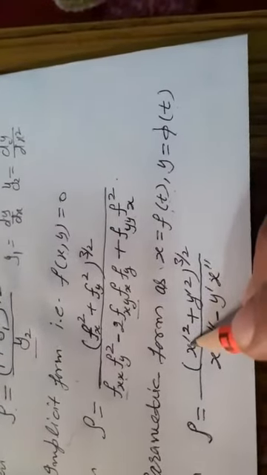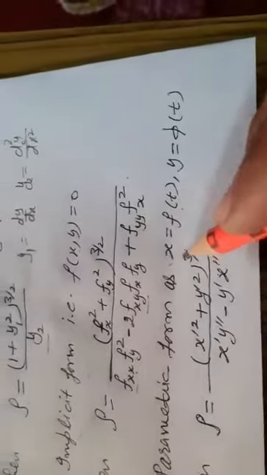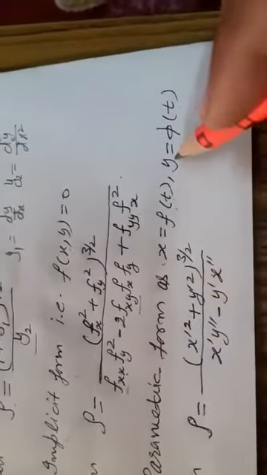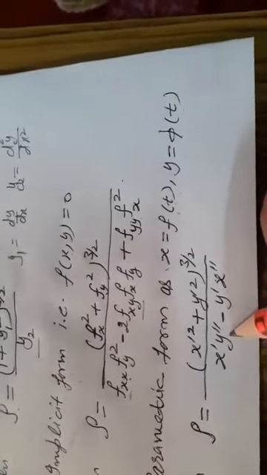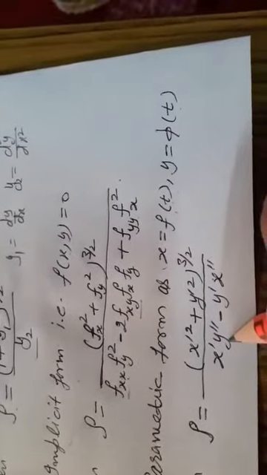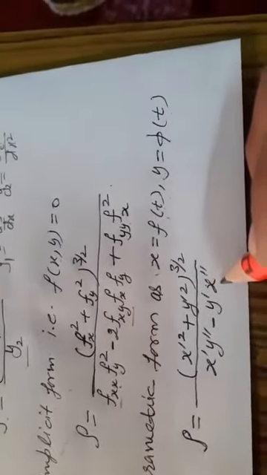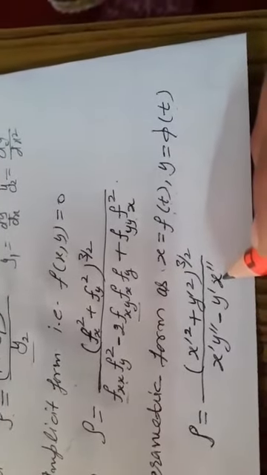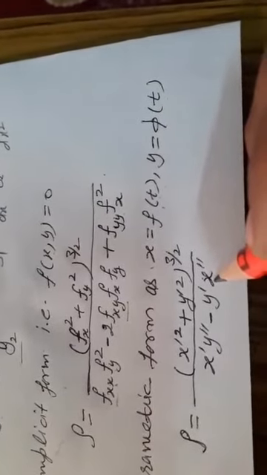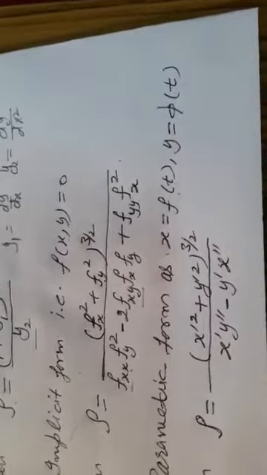Here x dash stands for dx upon dt, y dash stands for dy upon dt, y double dash stands for the second order derivative of y with respect to t, and x double dash stands for the second order derivative of x with respect to t. Now let us do some examples.